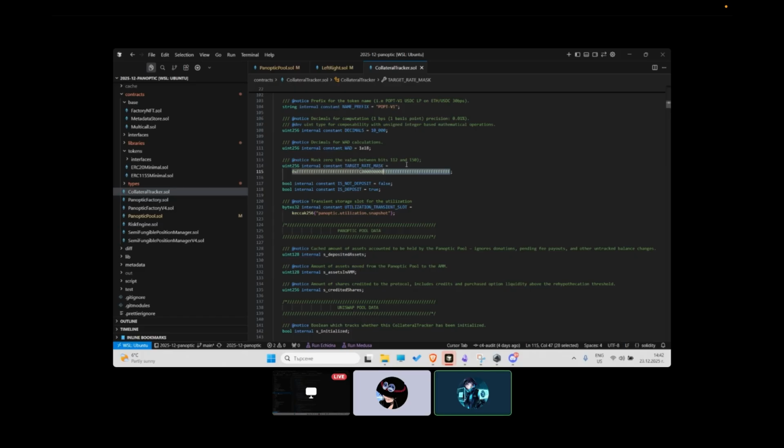Now count the number of zeros. Let's see. 9. No, it's not 9 actually, because C is 10, 11.